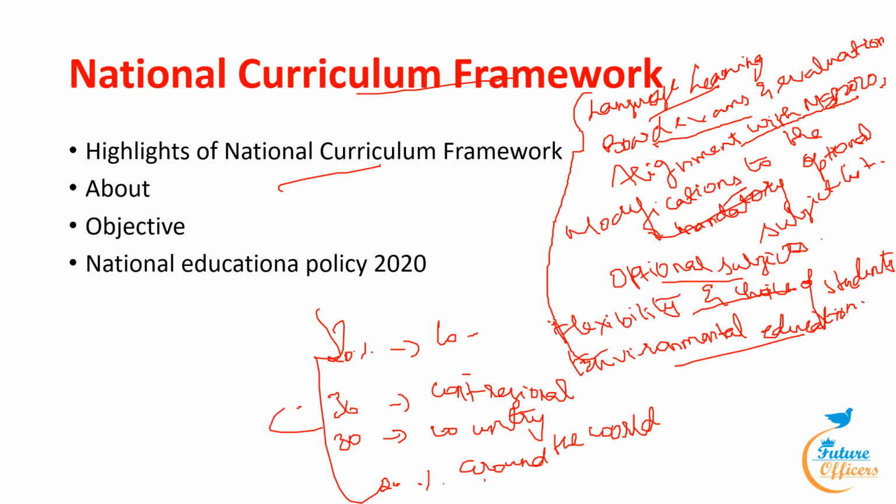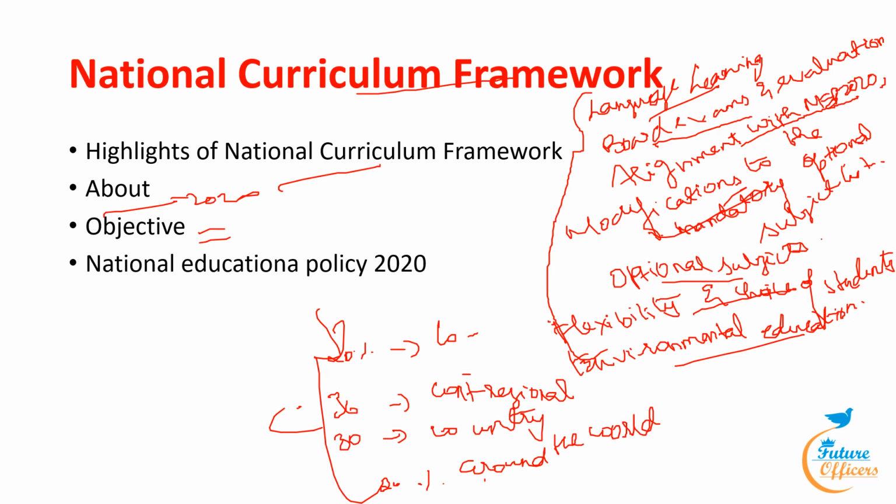Now we have to know what this National Curriculum Framework is generally about. This is a fundamental element of the new education policy 2020, which is guided by the objectives, tenets and methodology of National Education Policy 2020. It also facilitates and drives this change.